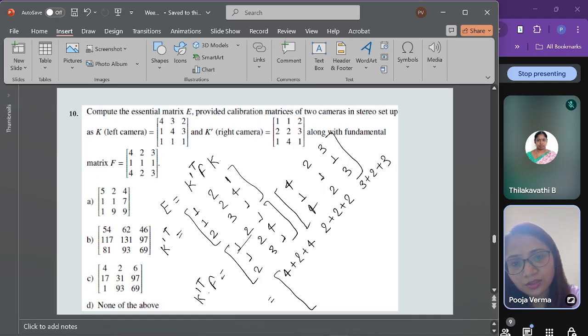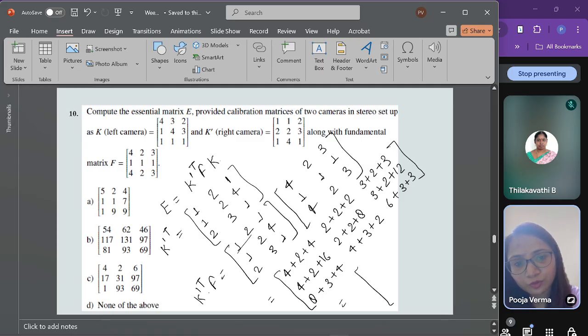Now in the next row, into the first column, you will get 4 plus 2 plus 16. Here you will get 2 plus 2 plus 8. Here you will get 3 plus 2 plus 12. Now in the next one you will get 8 plus 3 plus 4, then 4 plus 3 plus 2, and 6 plus 3 plus 3.